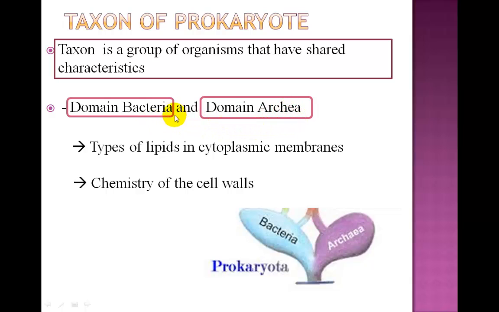Archaea are known to predate bacteria in terms of evolution. The main difference between these two domains are in the type of lipids in the cytoplasmic membrane that are found in each of these domains, and in the chemistry of the cell walls, which we will look into detail later on.